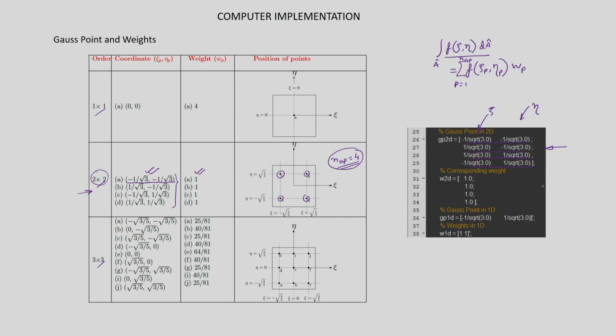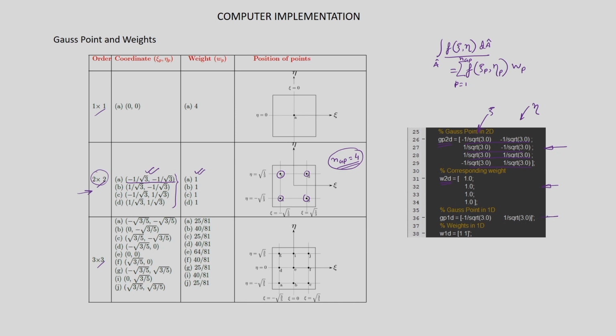And the second part is the weights. In this case all the weights are 1, and we have stored them in a column vector named W2D, because these are the Gauss points and weights in 2D. Since we have to calculate the integration over the boundaries to take care of the Neumann boundary part, we have to do the integration in one dimension as well.